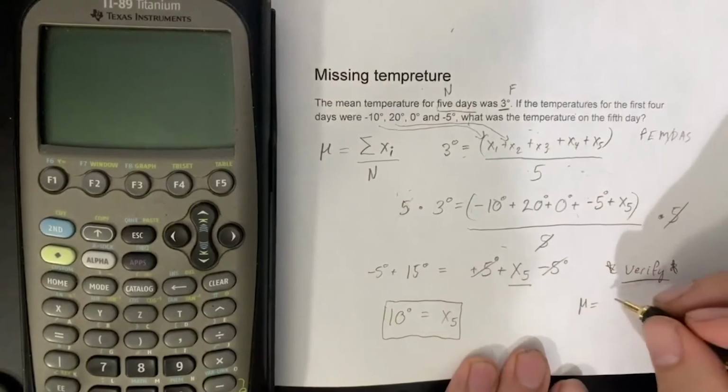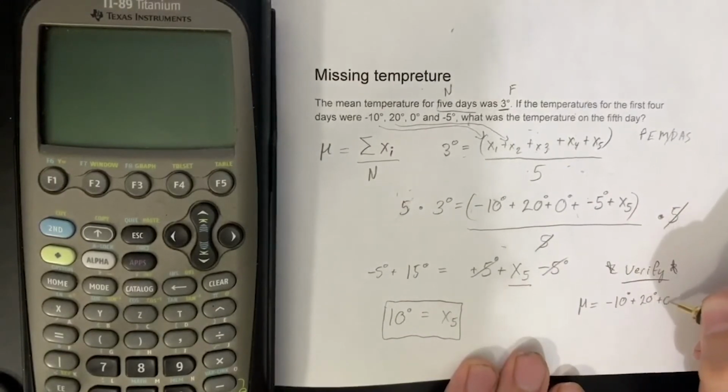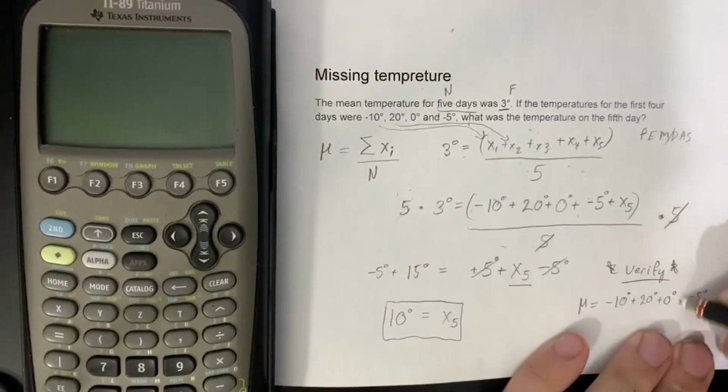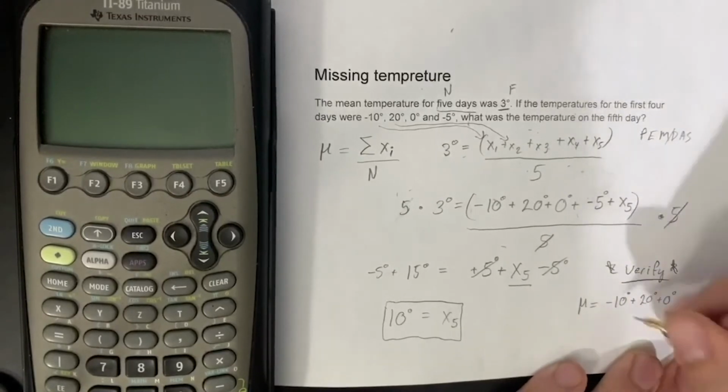if our data is negative 10 degrees plus the 20 degrees plus the 0 degrees plus negative 5 degrees, or we can just make it a negative value, plus, in this case, our x5 is 10 degrees.